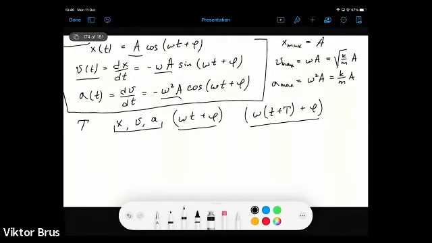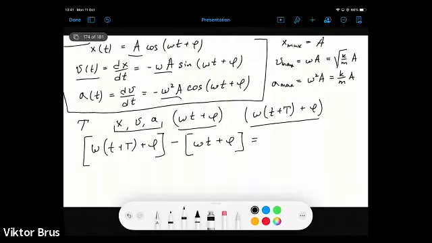In other words, we can write that omega times t plus period plus phi, in square brackets, so it's our second phase, minus the first phase, omega t plus phi, will be equal to 2 pi. That tells us that the whole cycle is finished.